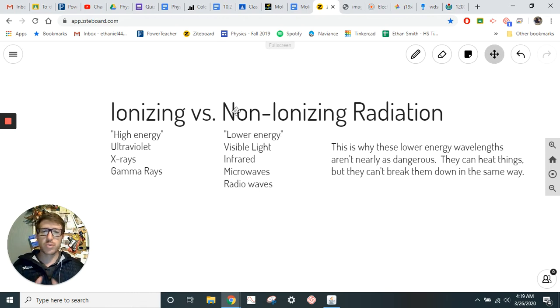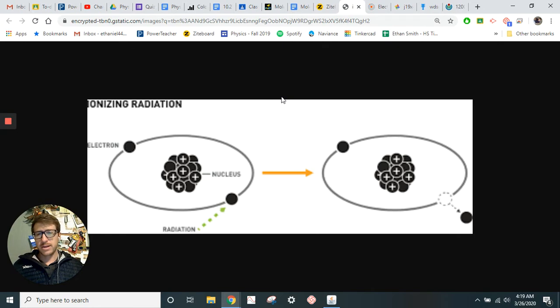So there are two main ways that we can break up electromagnetic radiation. One is we can say that they're ionizing. Ionizing radiation is high energy wavelengths like ultraviolet, X-rays, gamma rays. So higher frequency, higher energy, and they can ionize. What that looks like is, when that radiation comes in, it can hit an electron orbiting around an atom and knock it free, knock it loose.